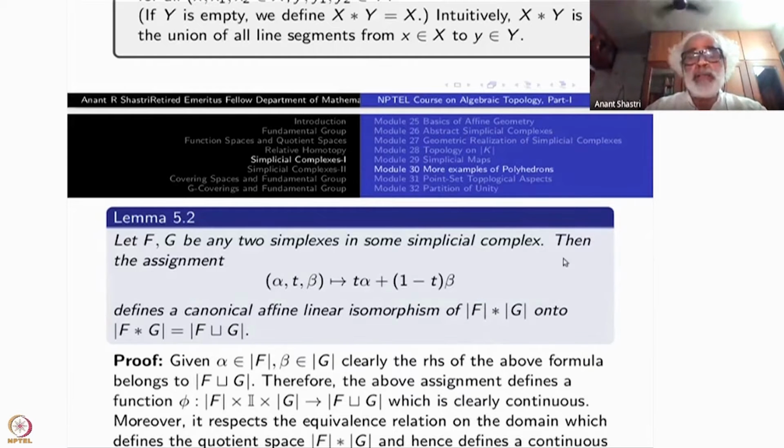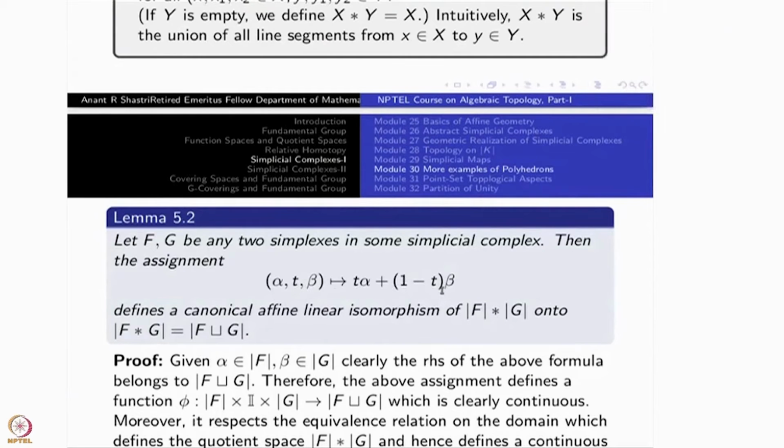Not only that, there is a very natural isomorphism, namely this map, which is first of all defined on mod f cross mod g cross t. Alpha, t, beta goes to t times alpha plus (1 minus t) times beta. The standard construction that we have been following.